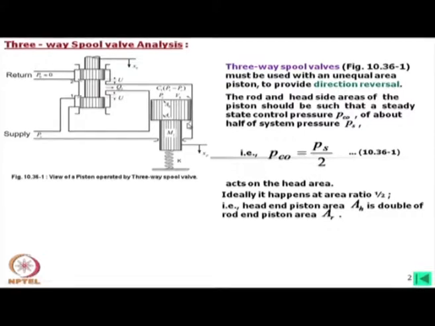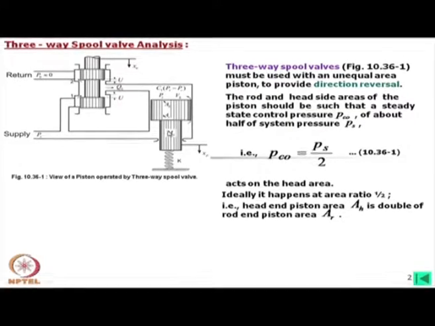That can be done, there is no difficulty to do such things, but you should not confuse here that this does not mean the diameter of the rod is half of the piston diameter. It is not, the area is half, you have to keep in mind.